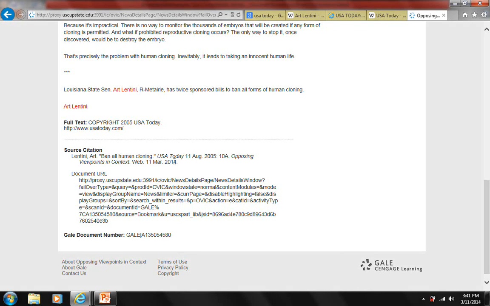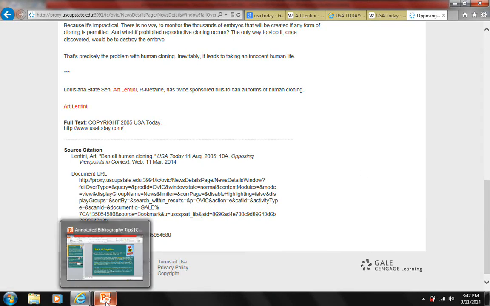So it's better than nothing to use what you have here, but I always encourage you to double check with at least something like easybib.com, or check with the OWL at Purdue website, or if you have an MLA formatting book, like Bridging the Difference from last semester, double check to make sure that these citations are correct, because if they aren't, you are going to lose points. And again, this is something you can always come and ask me about if you're not sure about it. Alright, but that's what you're supposed to do.